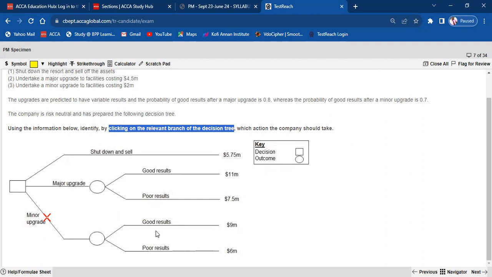You are supposed to click 2.5 cents that corresponds to that year on a particular point, and then the cursor turns to a red cross. This is what we call a hotspot question. I've met one in PM, I've met one in FR. I don't remember if I met one in FM. So the more questions you solve, the more of these kind of things you see. All right, that's it for this question also.